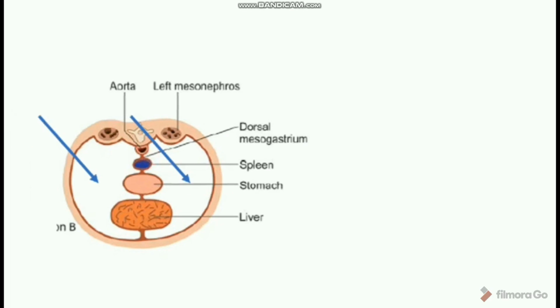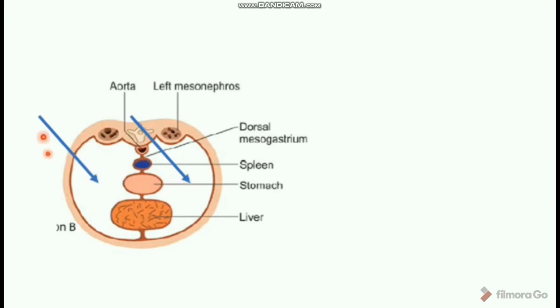Alright. Also, I want you to notice the two arrows which I've shown you here. As I told you, because the foregut is attached on two sides, both the anterior and the posterior side, this peritoneal cavity which was entirely single has now been divided into two parts. One part is to its right and the other part is to its left.